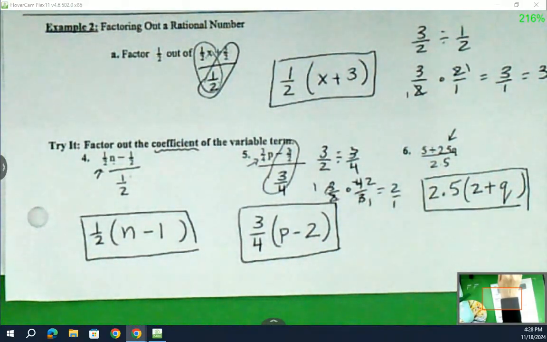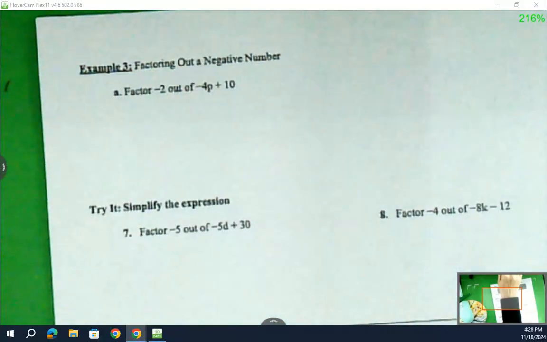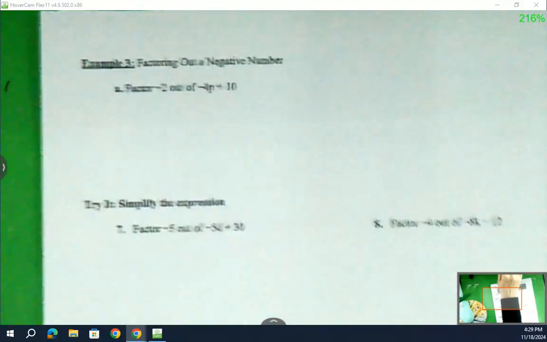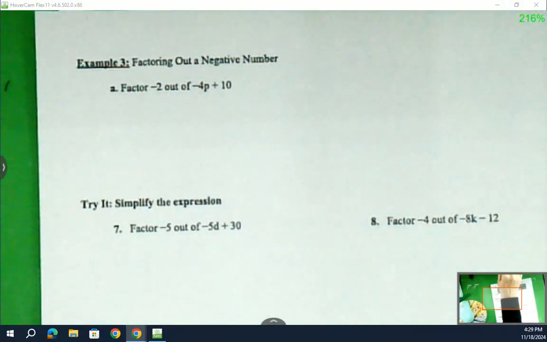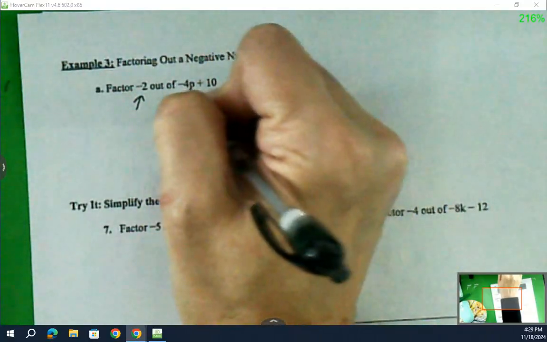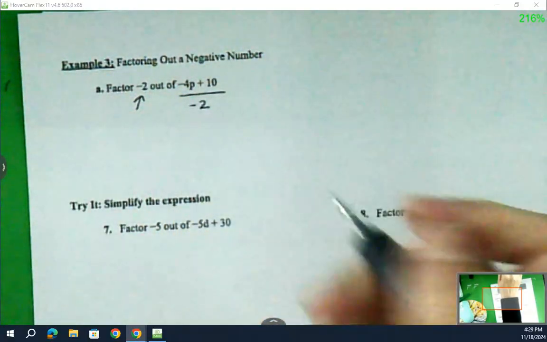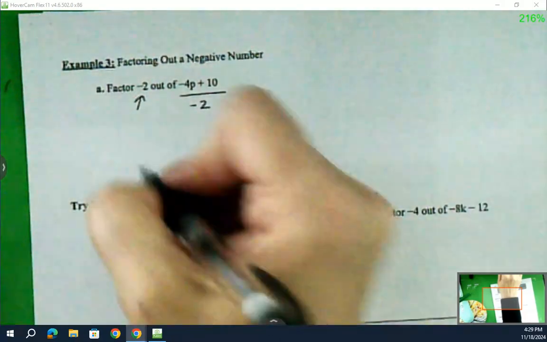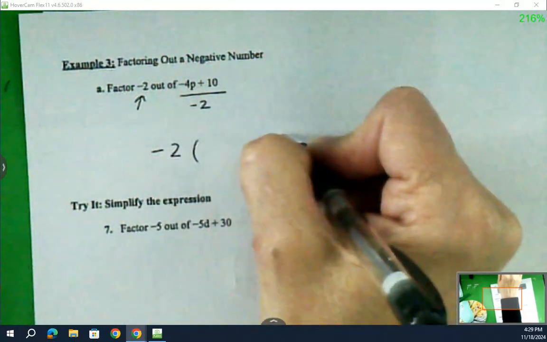Okay, let's turn it over to the next side. Sometimes we're not told to factor out a positive number. Sometimes we can factor out a negative number. In this case here, they're telling us to factor out a negative 2 from these two terms. So dividing by negative 2, remembering our sign rules, we pull the negative 2 out in front.